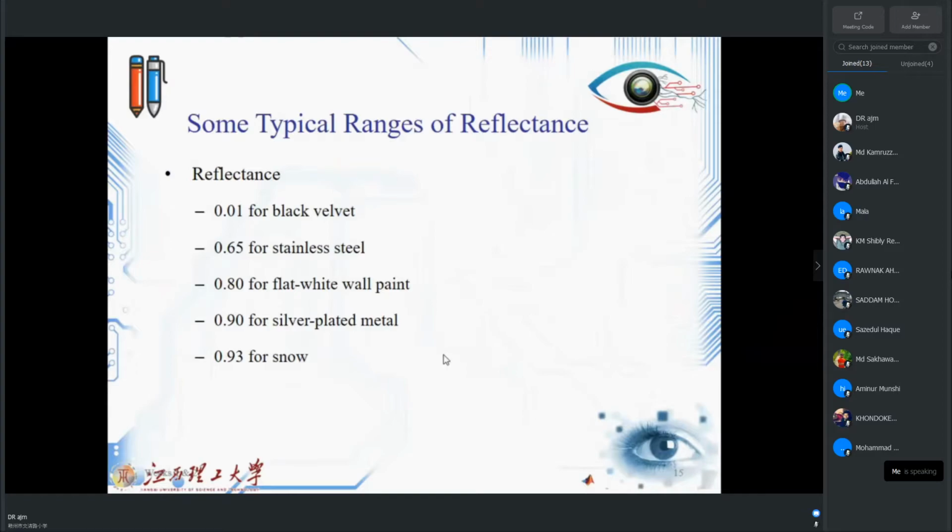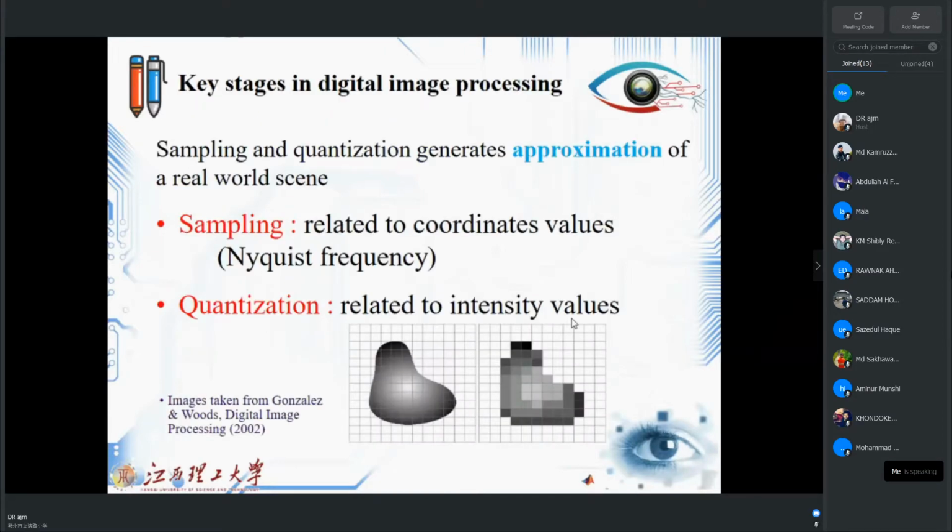That is why we expect the value of R to be between 0 and 1. And for the illumination, as you remember from the first formula that I told you, it was between 0 and infinity. Well, what we learned is that the image will be affected by two things. One is the illumination, and the other is the reflectance.